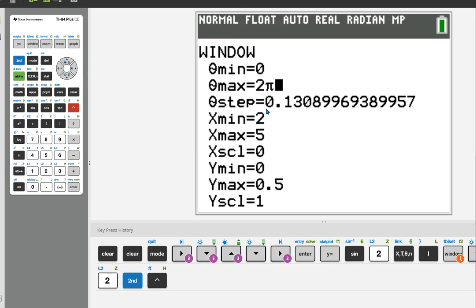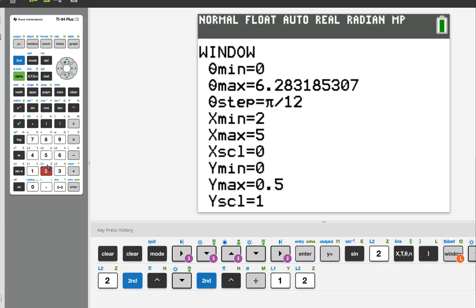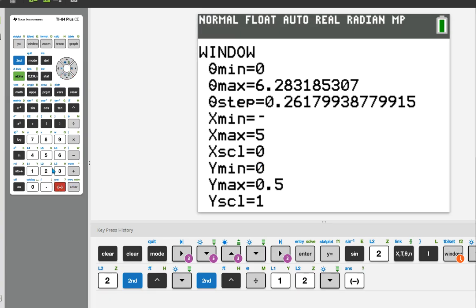We didn't have to do that in this class, but the T step right here basically is going to give you how many data values you're going to have. I like to keep it at pi divided by 12 so it fills in nicely. So pi divided by 12 right there is good. All right, and then the rest of this is just your x coordinates. So let's do a -5, +5, should be okay.